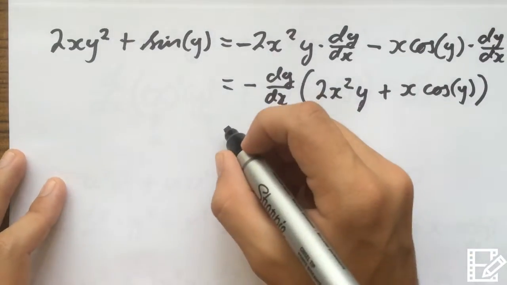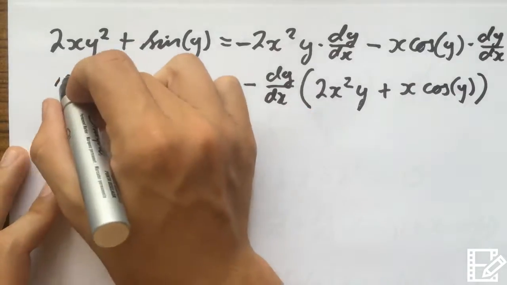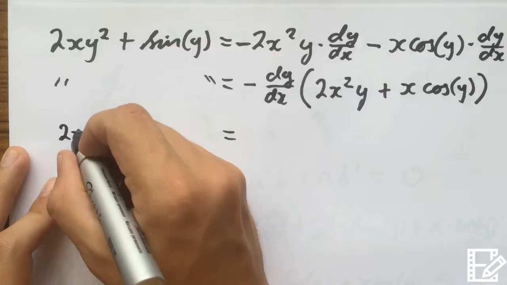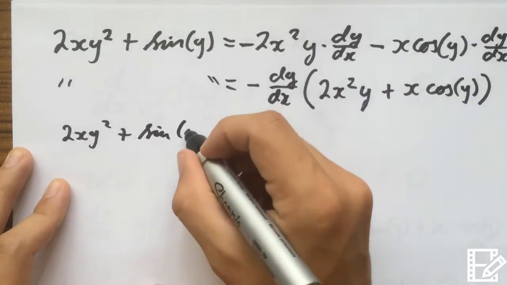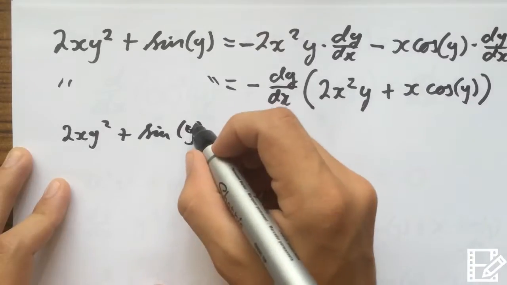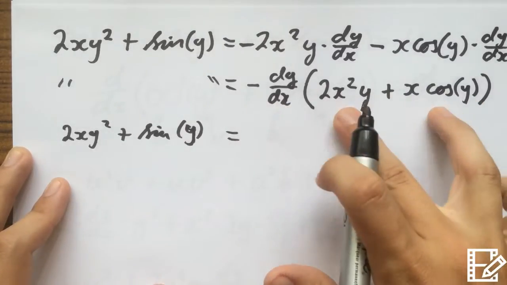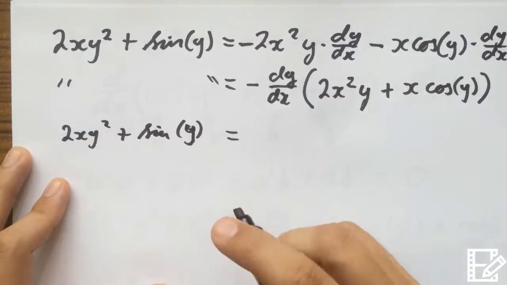Okay. Now, what we're going to do, this stays the same. I'm not going to rewrite that. But we have 2xy squared plus sine y on this side. What I'm going to do is divide this, because this is multiplied to that. Therefore, we can divide it on both sides, and we'll get it on this side.